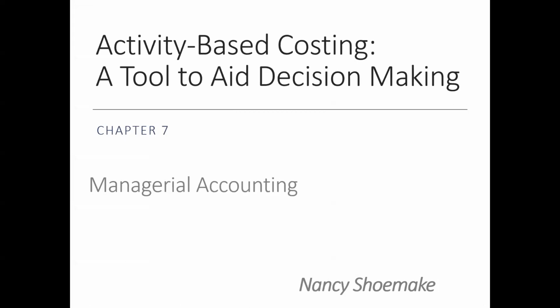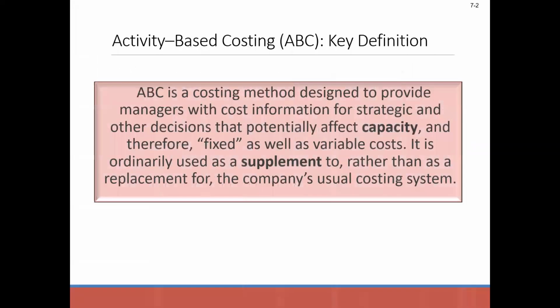Now, it's a great tool. Not a lot of companies use it because it's expensive to implement. But activity-based costing is a costing method that's designed to help managers utilize cost information for strategic and other decisions that affect capacity and therefore fixed as well as variable costs.